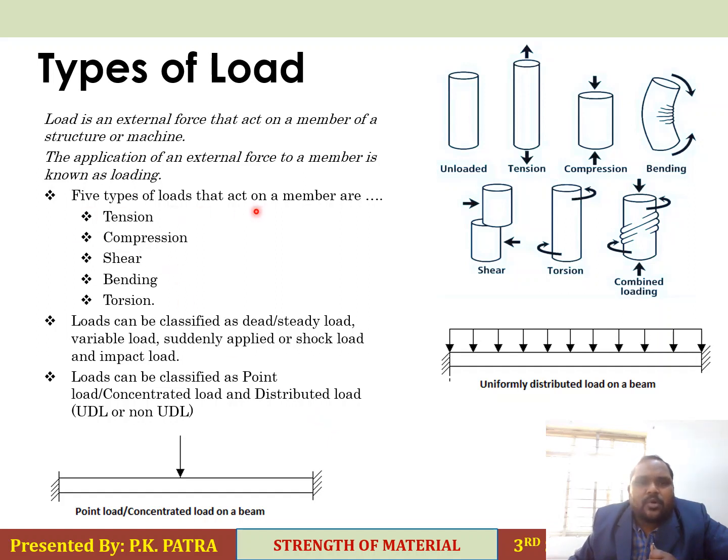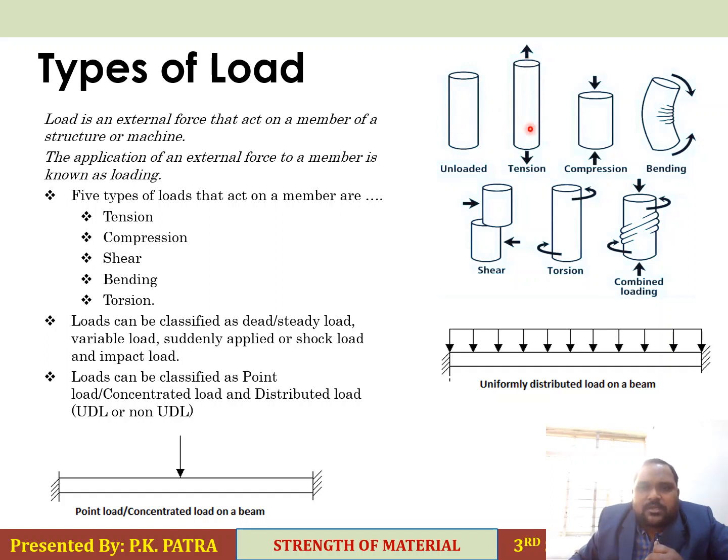So five types of loads are categorized here: tensile, compression, shear, bending and torsion. You can see this figure. This unloaded section means here is a cylindrical rod, there is no load, it is at rest, simple.